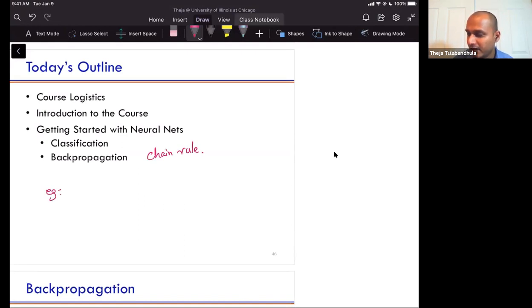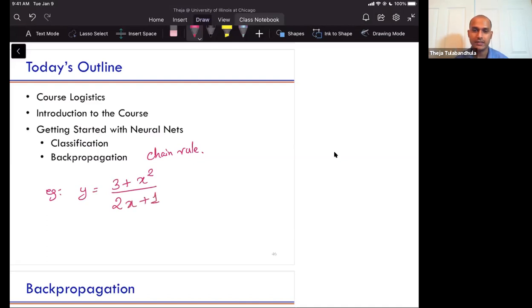Let's say some output, some variable or some value, is equal to 3 plus x squared divided by 2x plus 1.